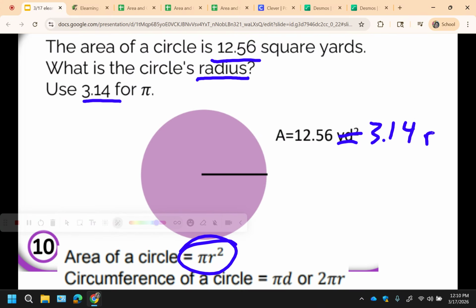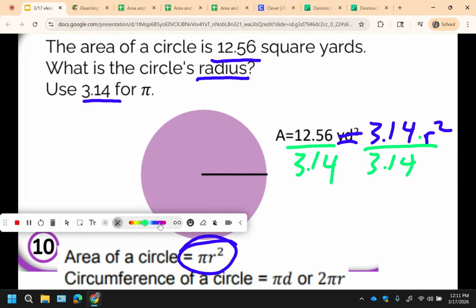And then remember we have R squared. Now we cannot just get rid of the little 2 first. It's kind of tied to that R variable. So we do need to get rid of our 3.14 first.